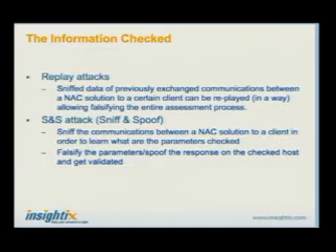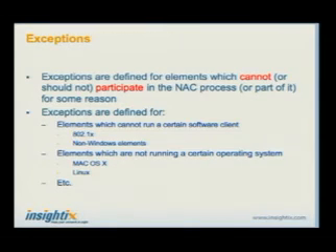This brings us to another interesting topic, which is exceptions. Basically, if one cannot take a certain element through the NAC process or through parts of the NAC process, it defines an exception, saying this MAC is allowed to go through a certain process, or this MAC is allowed to be admitted freely on the network.